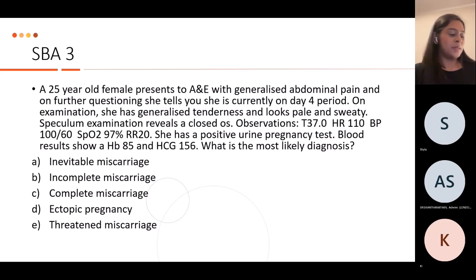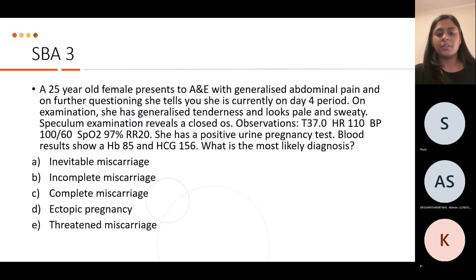This is the third SBA. A 25-year-old female comes into A&E. She's also got generalized abdominal pain. On further questioning, she tells you she's currently on day 4 of her period. On examination, she's got generalized tenderness. She's pale, she's sweaty. The speculum examination reveals a closed os.